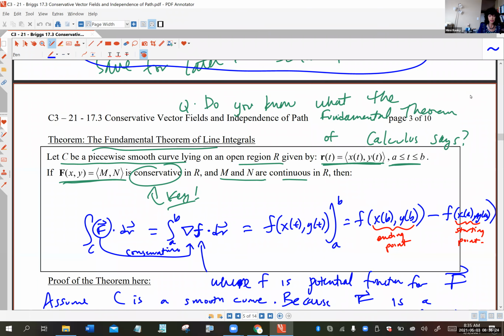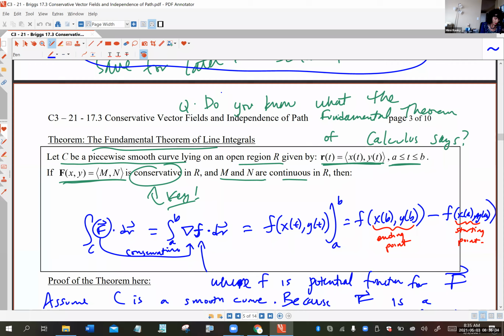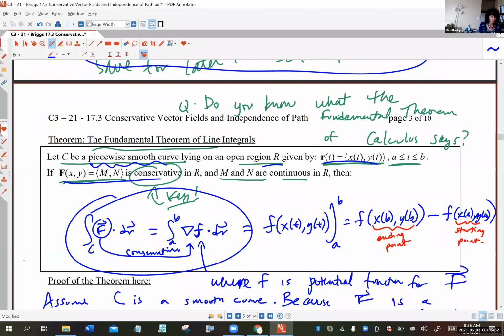Okay. Last time we did something really cool, the fundamental theorem of line integrals. And so what does it say? It says if you have a piecewise smooth curve on an open region, and you've got a curve described by a vector valued function, then if you can prove that your vector field is conservative and you're trying to do a line integral like this, you don't have to really do all the hard work for the line integral at all.